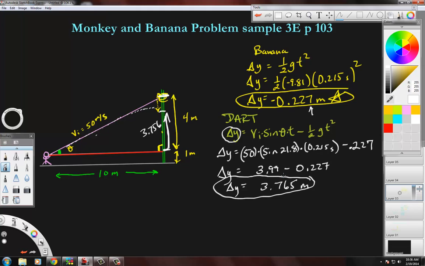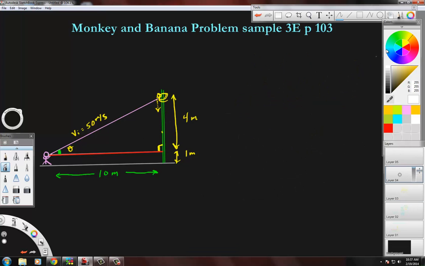And so the question asks you, does it hit the light pole, or does it hit the monkey or the banana? And you can actually see that due to the dart position and where the banana actually fell, that it would actually hit the banana. Let me get a new graph here. Okay, let's look at it this way. The banana falls 0.227 meters.